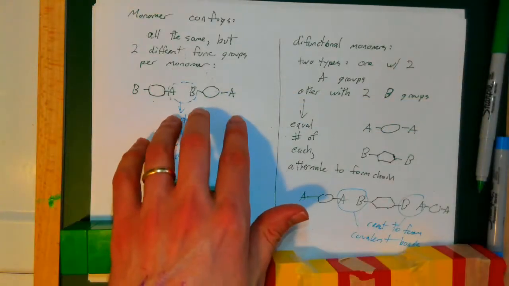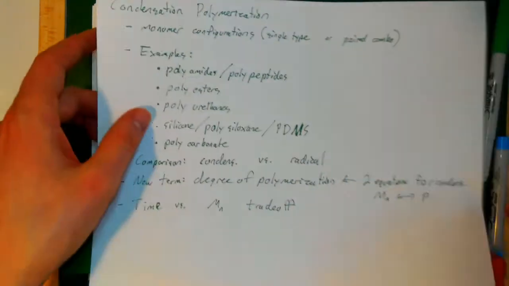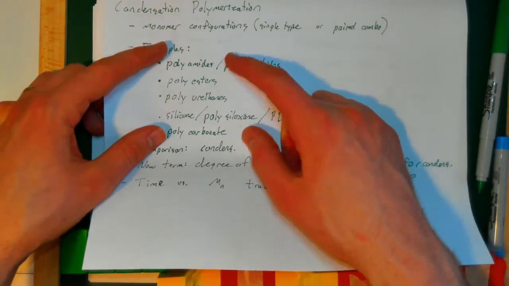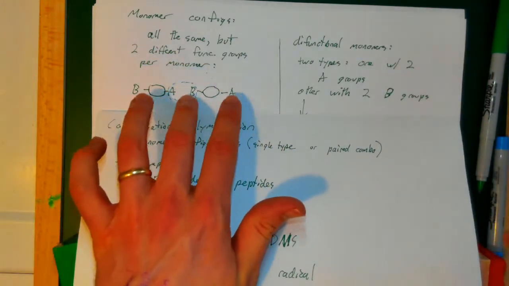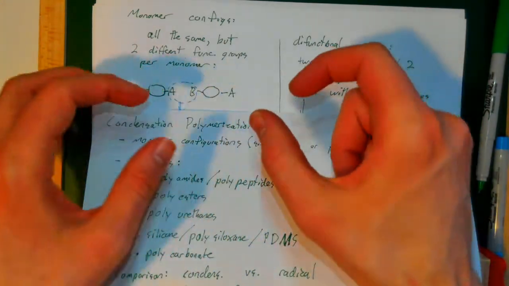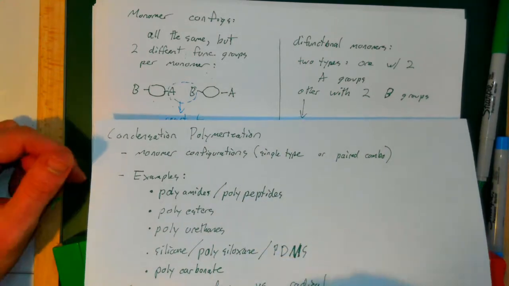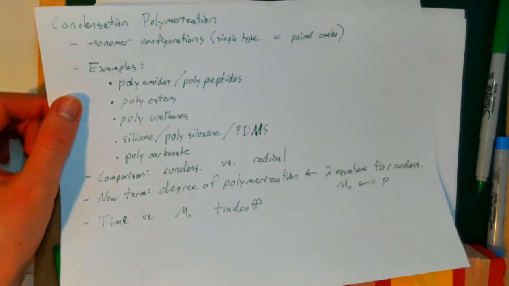Right now I'm generalizing these ideas as A's and B's, but when we talk about the polymers that form and the reactions that form them, I'll assign specific chemical groups to A or B. For example, let's start talking about polyamides or polypeptides.